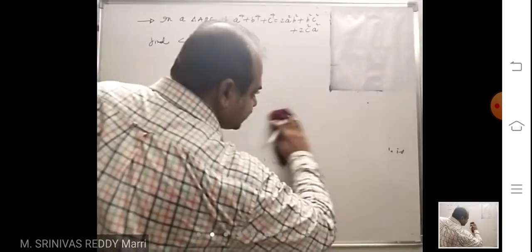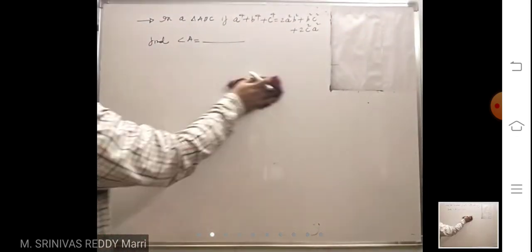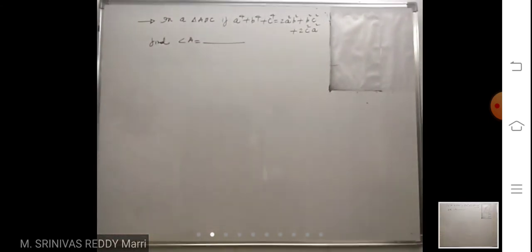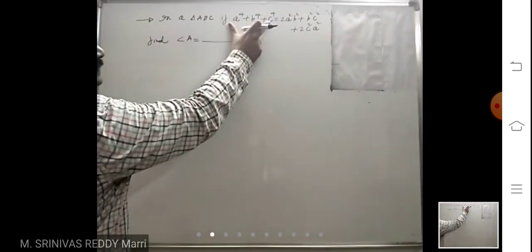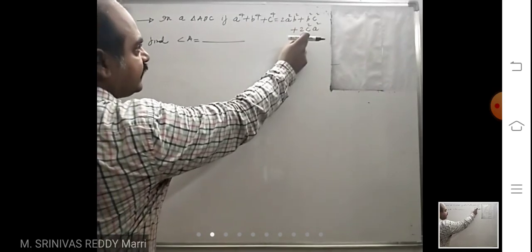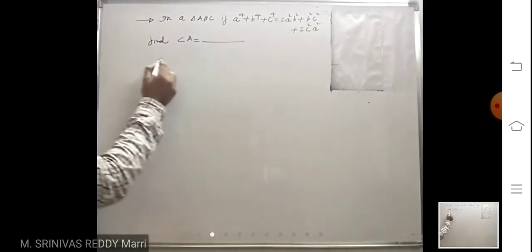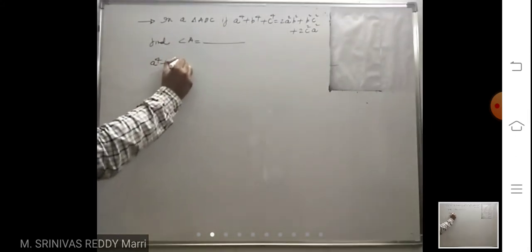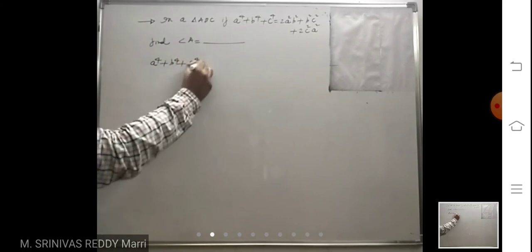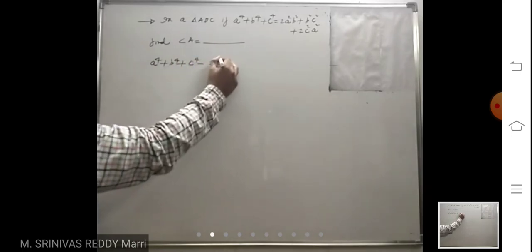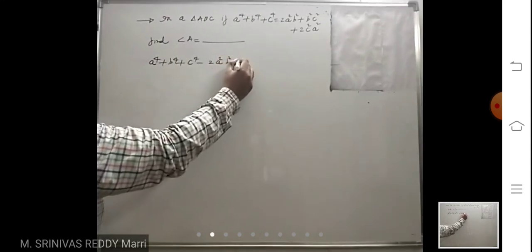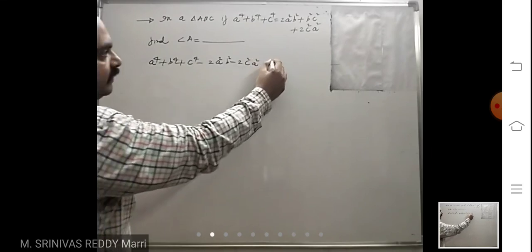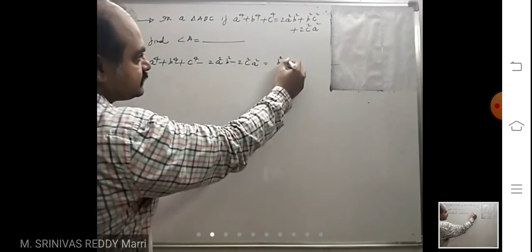Angle A means cos A. You know what is the formula? b square plus c square minus a square divided by 2bc. For these types of problems, two terms are there, so bring them to this side. The approach is a power 4 plus b power 4 plus c power 4 minus 2a square b square minus 2c square a square equals this term. Keep it like this.